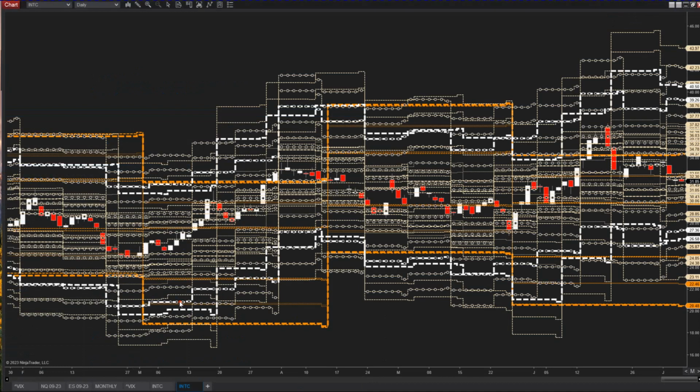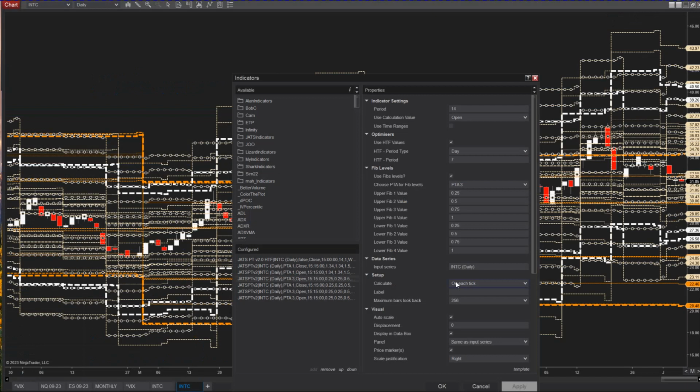So the 7-day, let me just change the 8-day to yellow so we can tell the difference real quick. Here's the 7-day, and there's the 7-day. There's the 8-day.